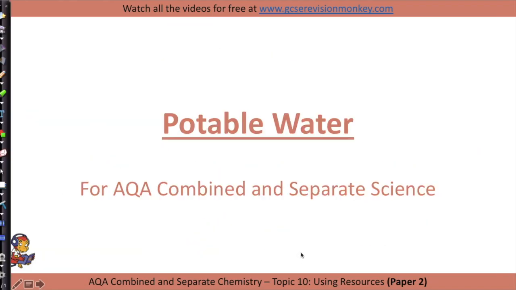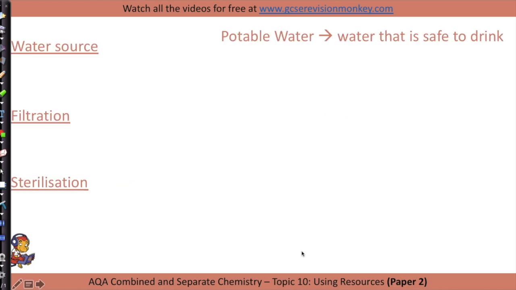Potable water is water that is safe to drink. It is not pure water. If we looked at a topic previously where we looked at pure substances, pure substances only contain one element or compound. For it to be pure, it would only contain the compound H2O.